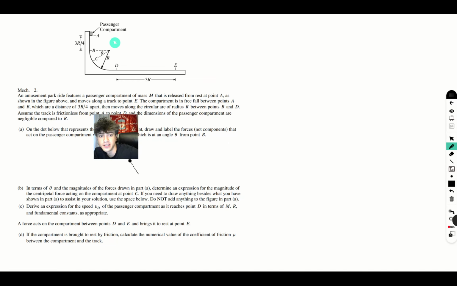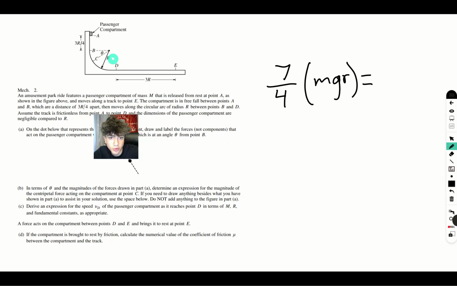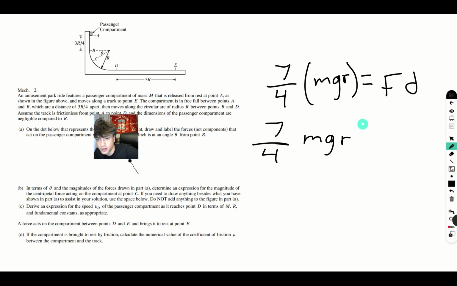We know that the potential energy is going to be 7/4 mgr, and at this point it's all going to be dissipated into friction, which means there's going to be work done on it. All the energy is going to be turned into work. The equation for work is force times distance.